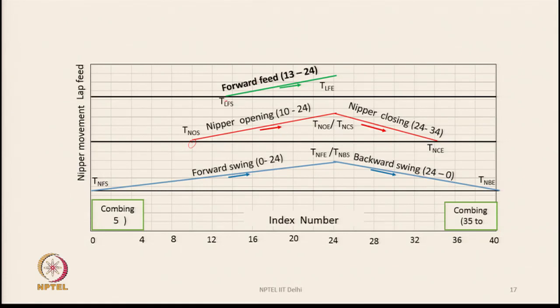What is generally done is that we start the feed at 13 and finish by 24, when the nipper is fully open, and we have time equivalent to 11 index numbers for feeding the lap sheet.